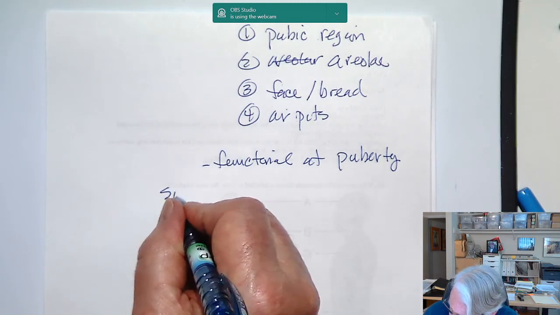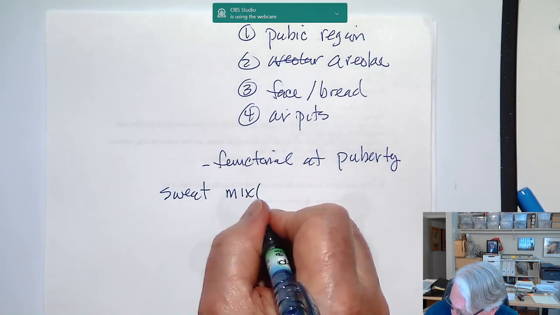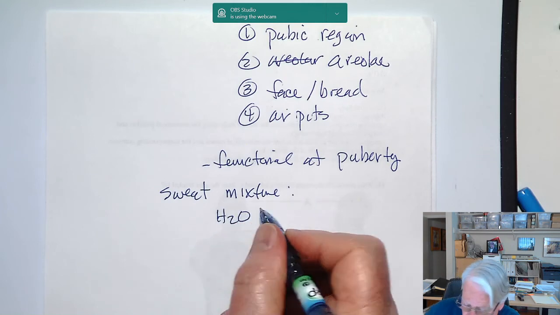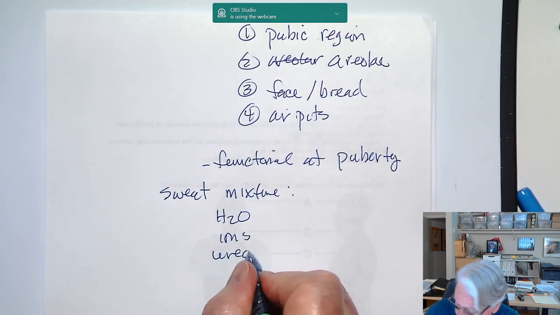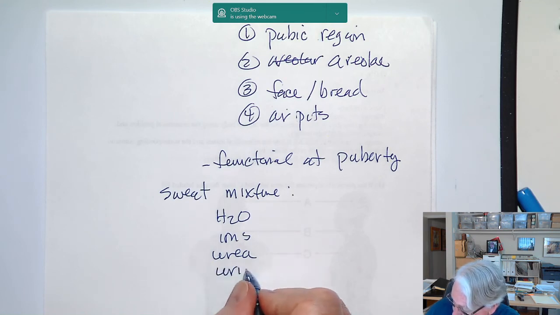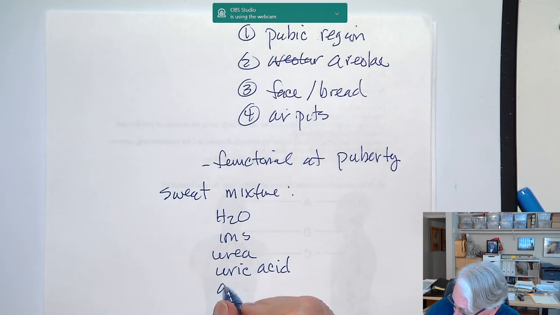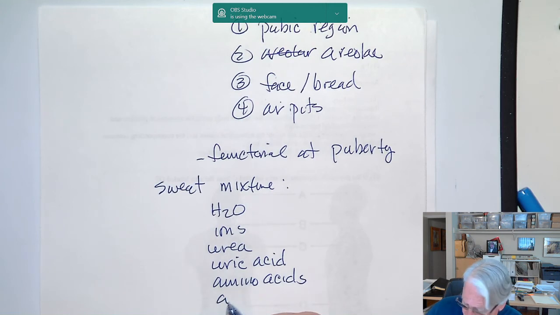So what is sweat? Sweat is a mixture of a number of different things. Primarily, obviously, water. But we also have ions. You have urea, which is a waste product. You have uric acid, also a waste product. We have amino acids. We have ammonia.